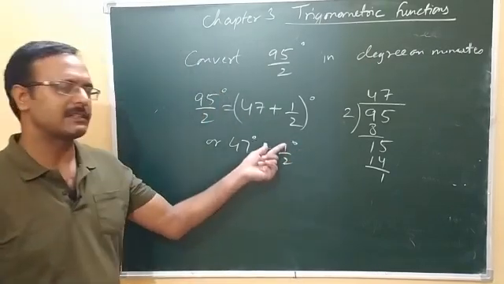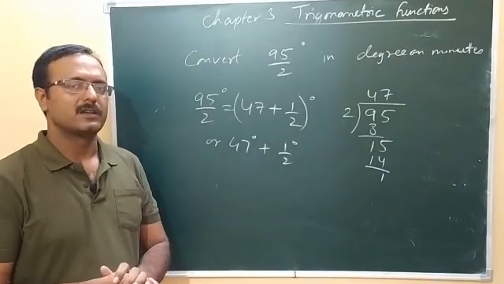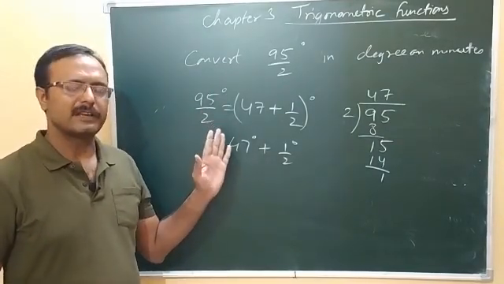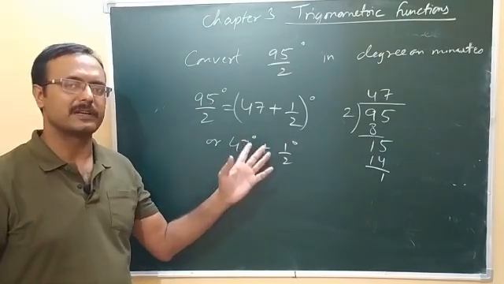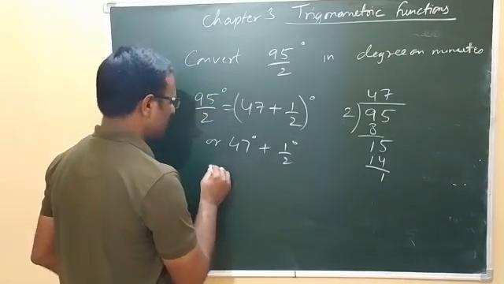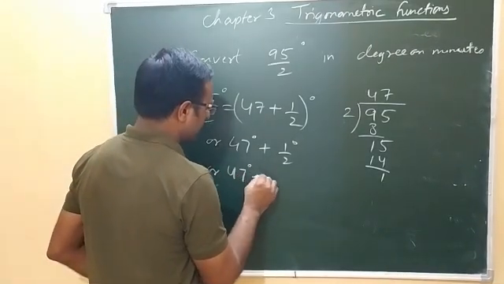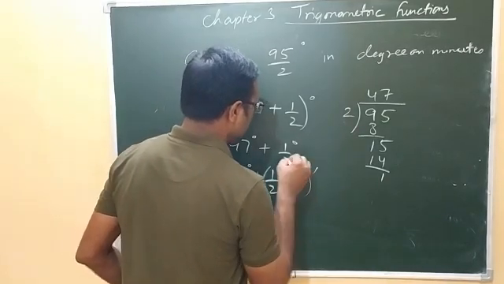Now you have to convert this half degree into minutes. You know that 1 degree is equal to 60 minutes. So if you want to find this into minutes, you just multiply by 60. So 47 degree plus half into 60, this will be minutes.